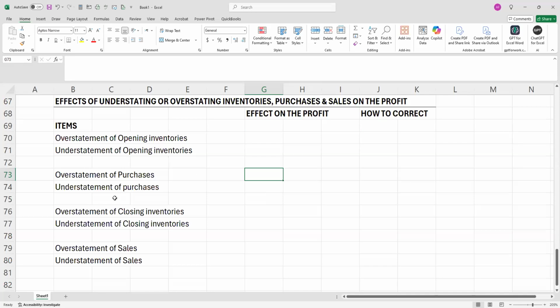So clear this so that you can look at it together. In the event that we overstate our opening inventory, what will be the effect on our profit?